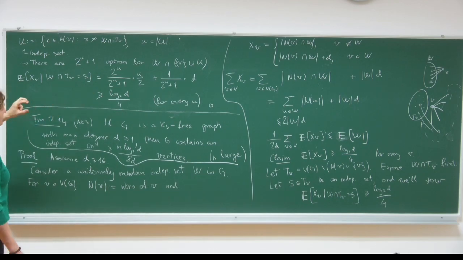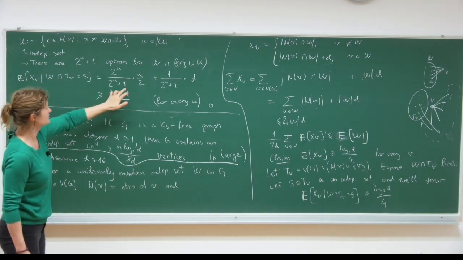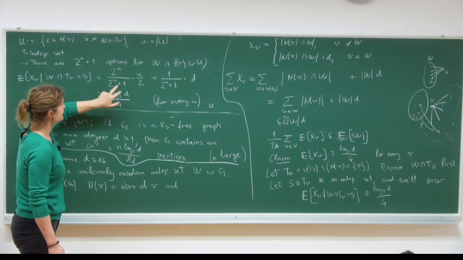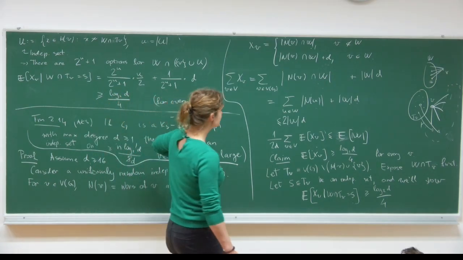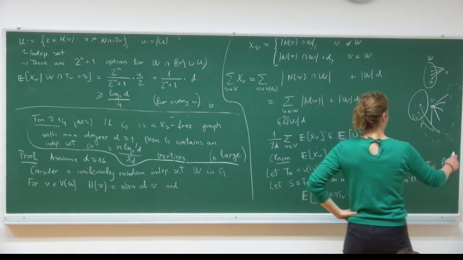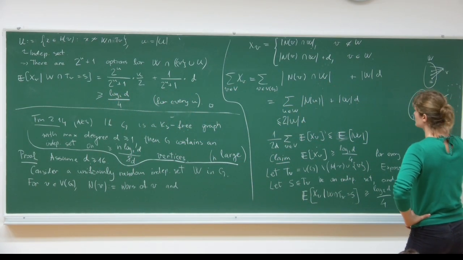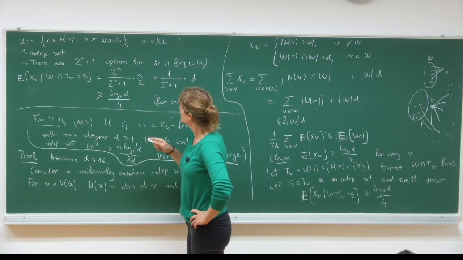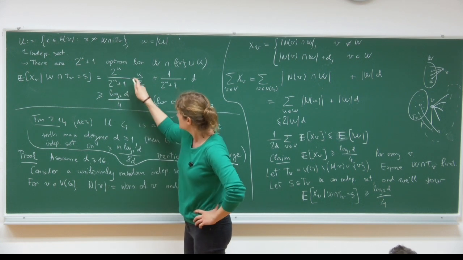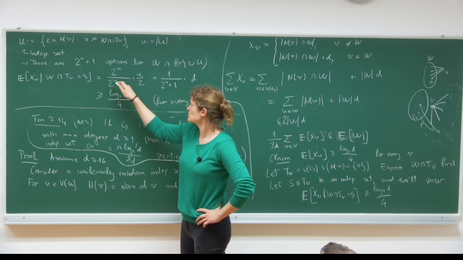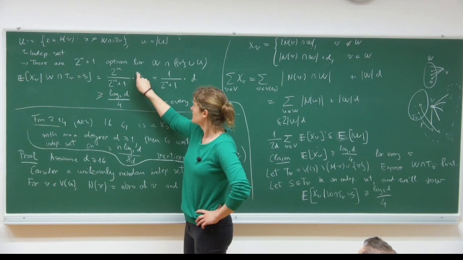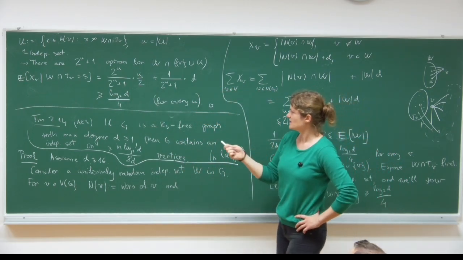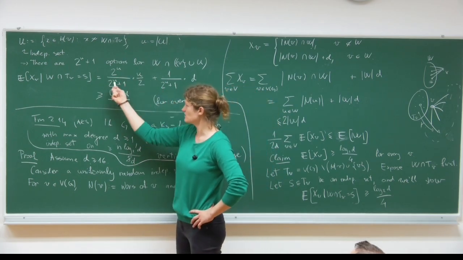So again, the dominant case, at least by probability, is when W does not contain V, and it contains some of its neighbors. And notice that for this term, you can consider this to be essentially 1. So as long as this u is of at least logarithmic size, this term is sufficiently large.